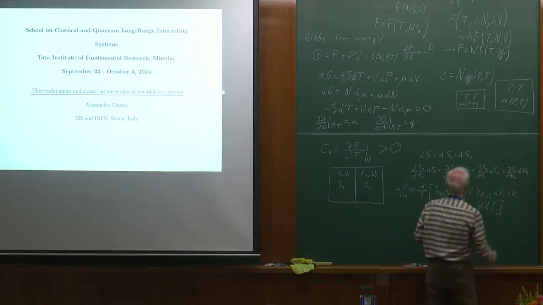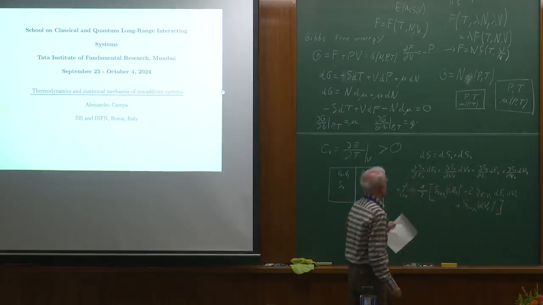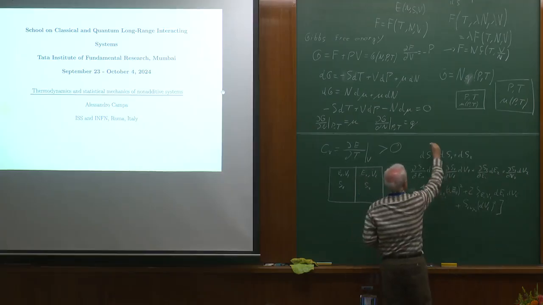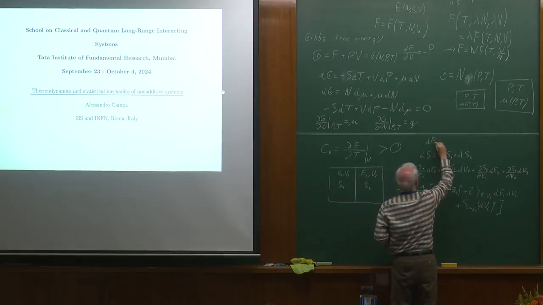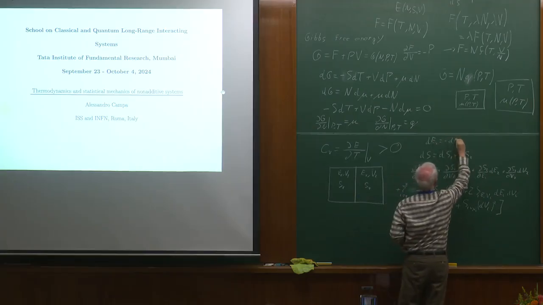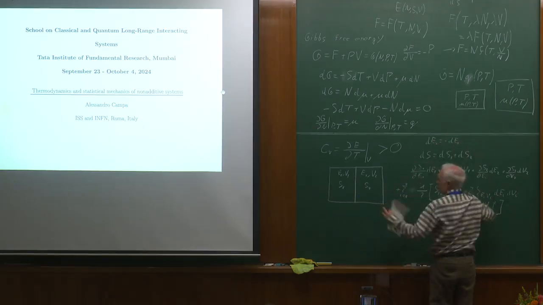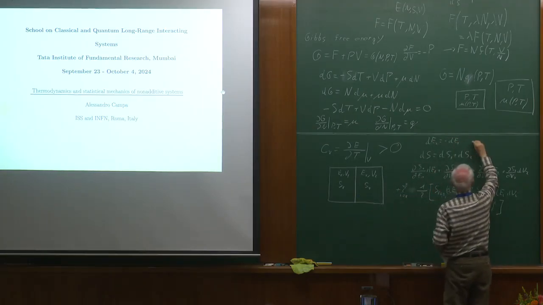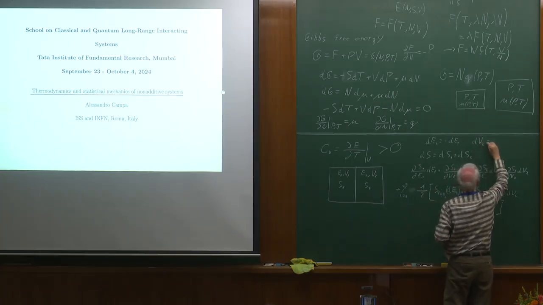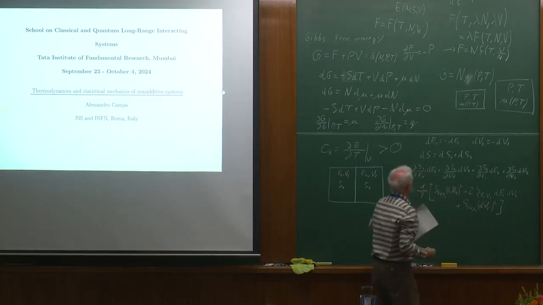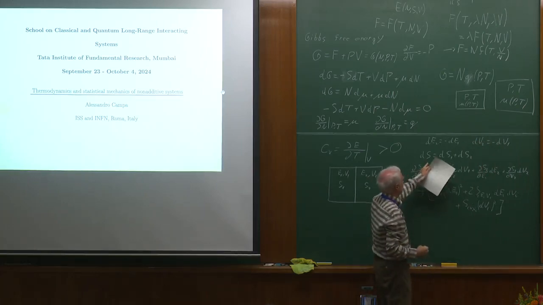Okay. Now, since, of course, dE2 is minus dE1, because the transformation is inside the system, and dV2 is minus dV1. And equilibrium requires the total entropy S to be a maximum.